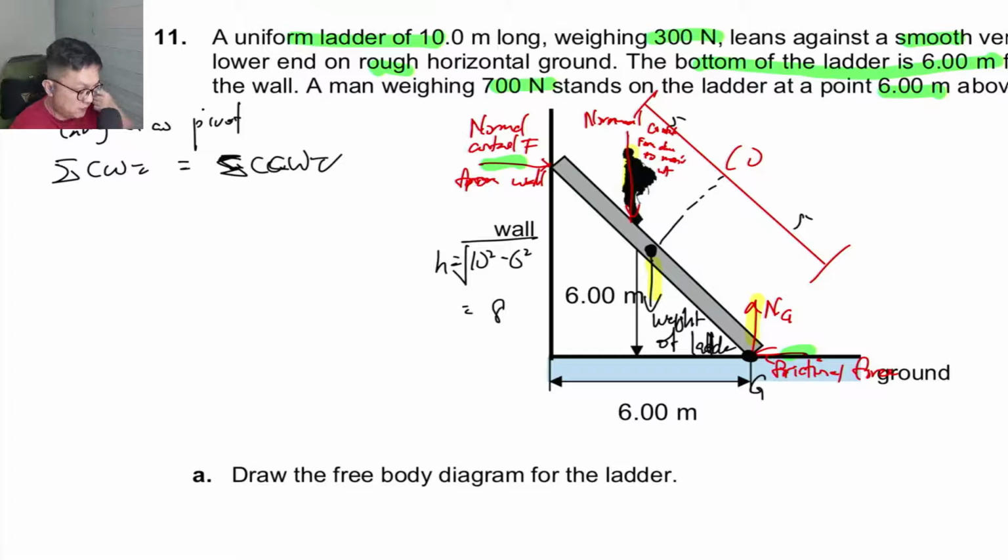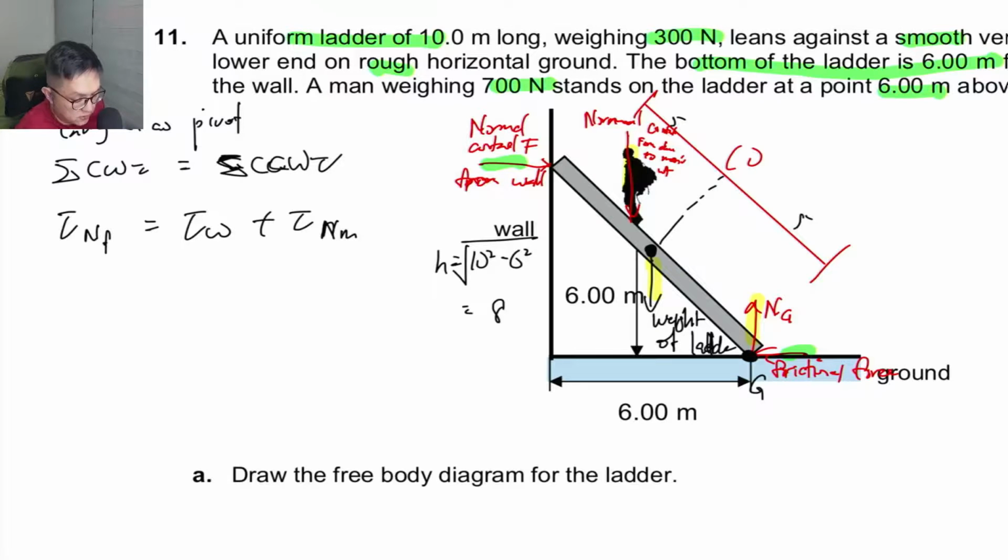That's useful for us. Let's write out the forces first. Clockwise torque, the torque due to NW, equals the torque due to the weight plus the torque due to the normal reaction force from the man's weight.